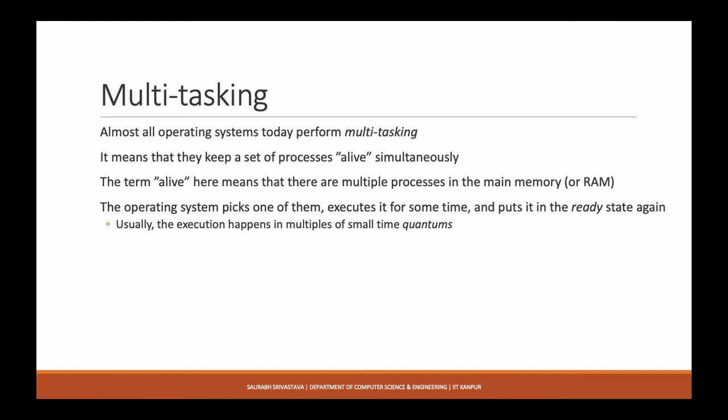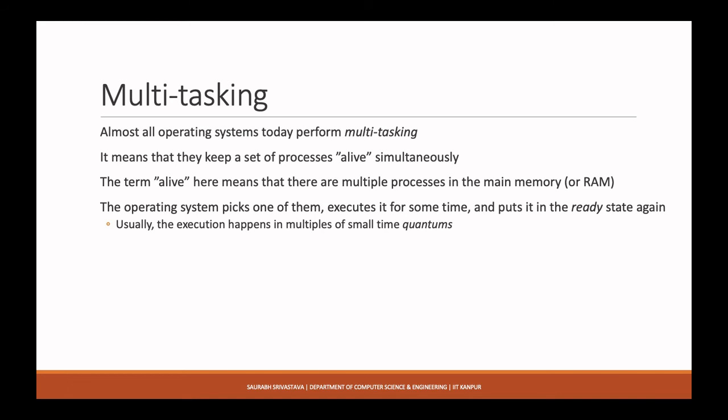So what happens is, the operating system picks up one of the processes and executes it for some amount of time. This amount of time is also known as a quantum. These are short periods of time for which your operating system will allow a particular process to execute. And then once this time expires, if the process has not yet finished, it will cease to execute.